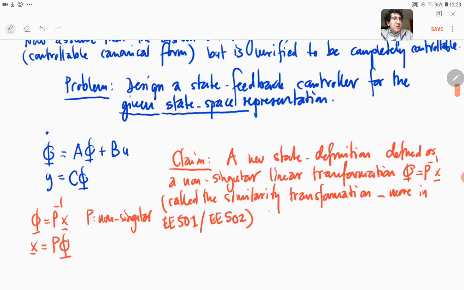Now, this linear transformation transforms the system into its controllable canonical form.